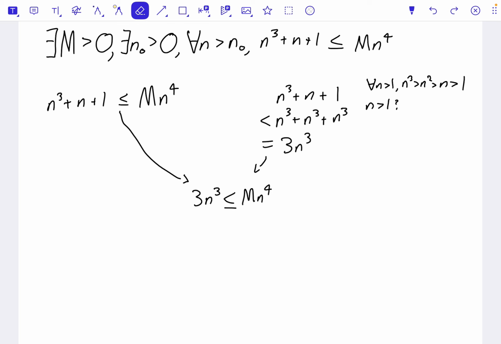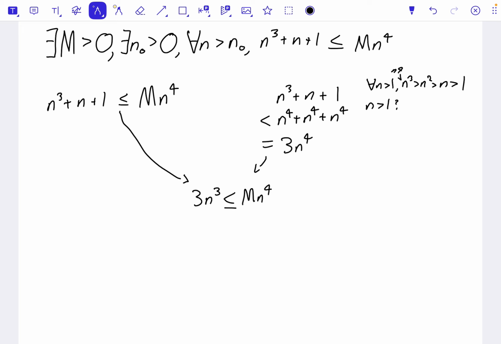So I'm just going to revise my inequalities a little bit, use the hierarchy of functions even more. Note that n to the 4 is greater than all of these. And then we could just make replacements as before. Individually, n cubed is less than n to the 4, n is less than n to the 4, and 1 is less than n to the 4.